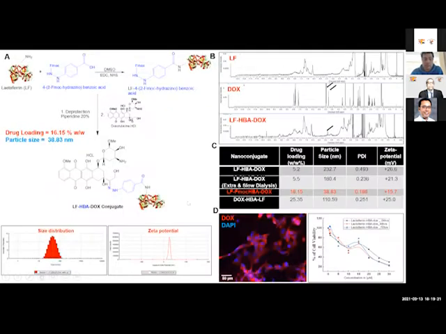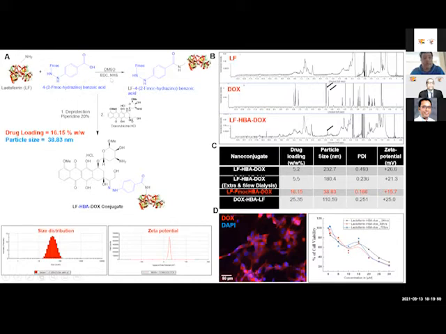So this is just for if someone is interested in the chemistry of conjugation, how we conjugate the lactoferrin molecule. Lactoferrin is a macromolecular protein or glycoprotein that has some amino groups. We worked on this amino group to conjugate with hydrazinobenzoic acid, but we used FMOC-protected hydrazinobenzoic acid to prevent the intra-cross-linking of lactoferrin.